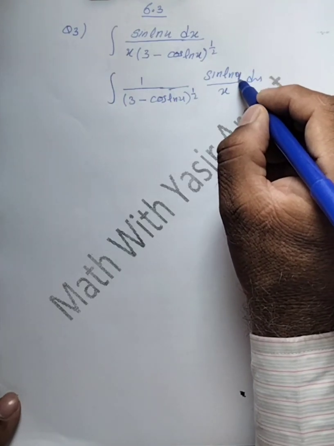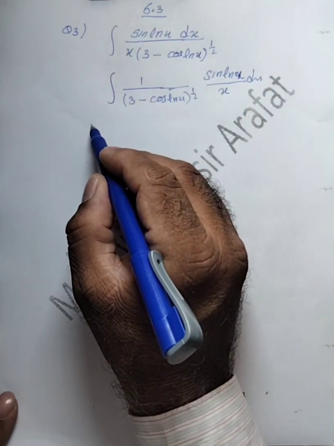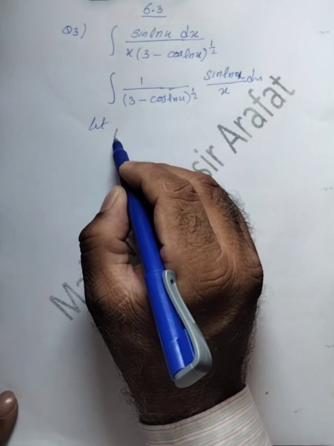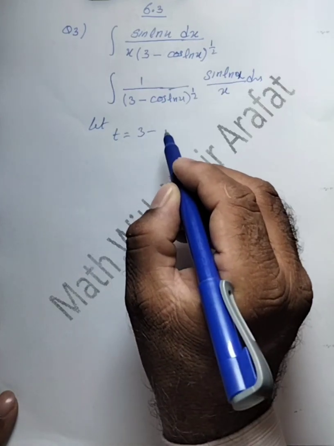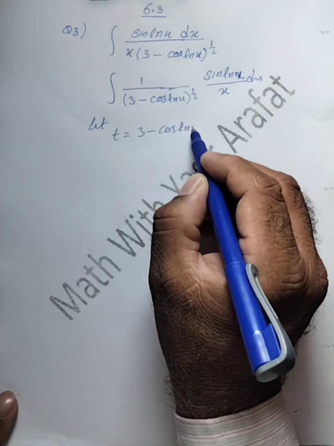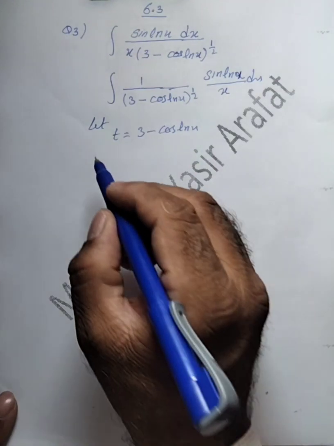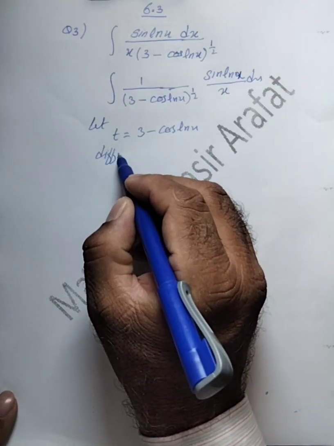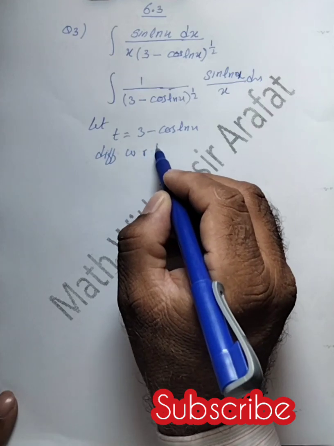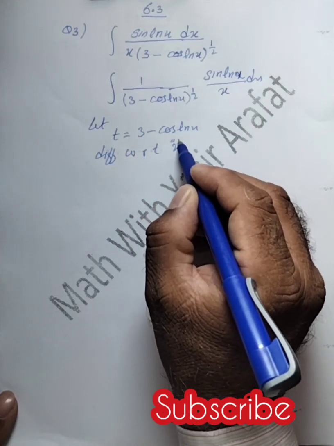Now we have to suppose that t is the function 3 minus cos ln x, and we have to find its derivative, differentiating with respect to x.